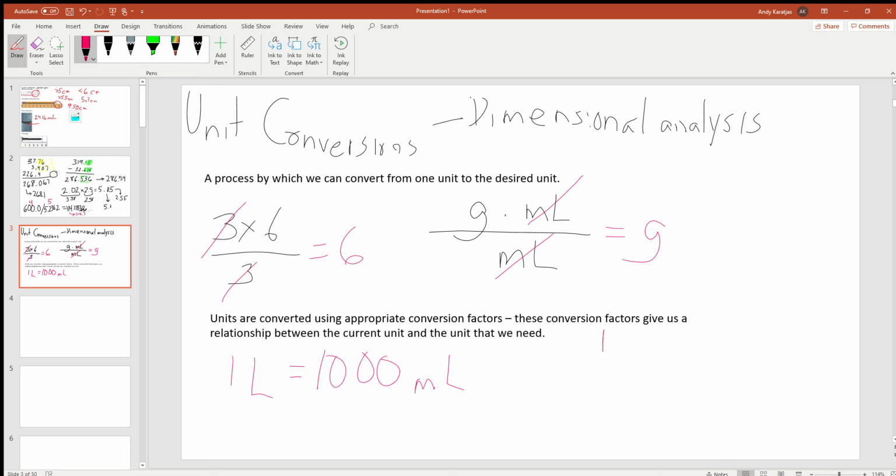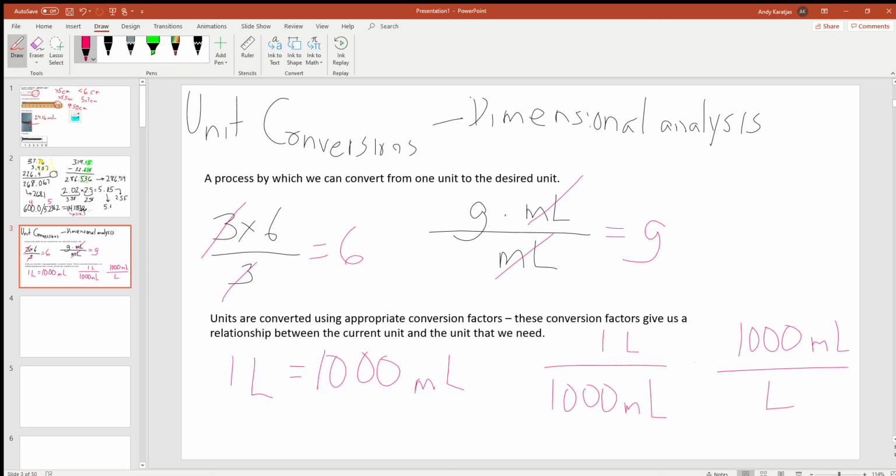So we could set up a conversion factor in one of two ways. 1 liter over 1,000 milliliters, or 1,000 milliliters over 1 liter. And we would pick which one of these we use depending on the direction that we need to go.